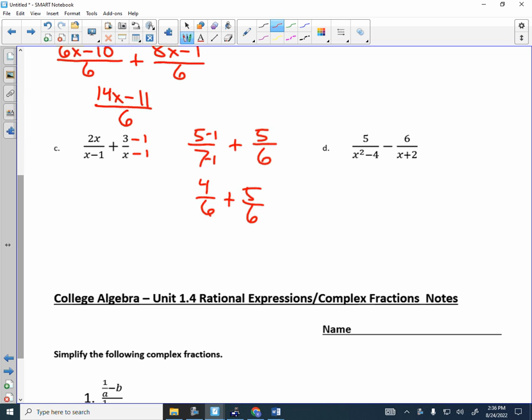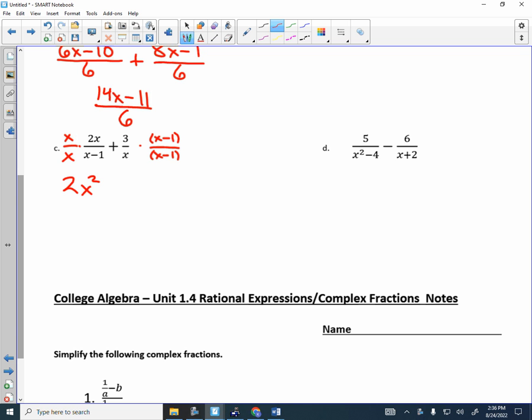In fact, in order to make them common denominators, we have to multiply this side by x over x, and this side by x minus 1 over x minus 1. We get 2x squared over x times x minus 1.